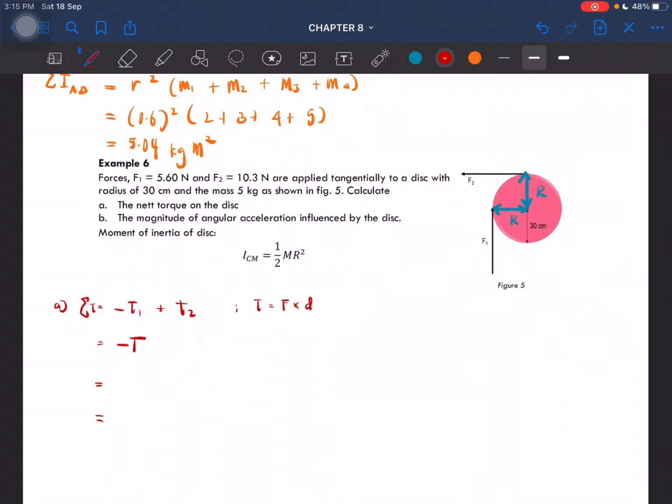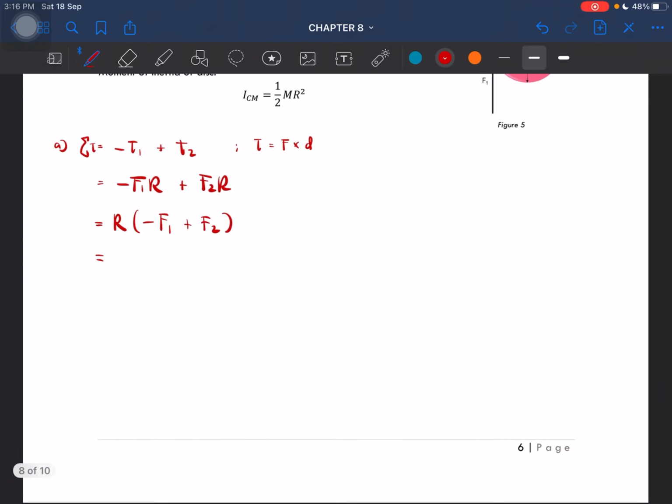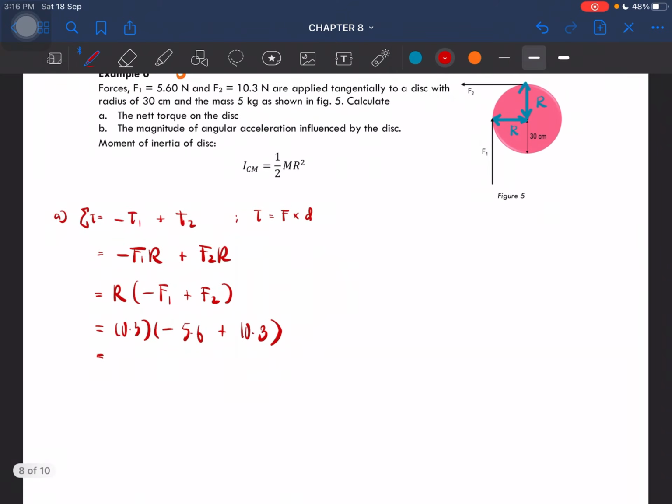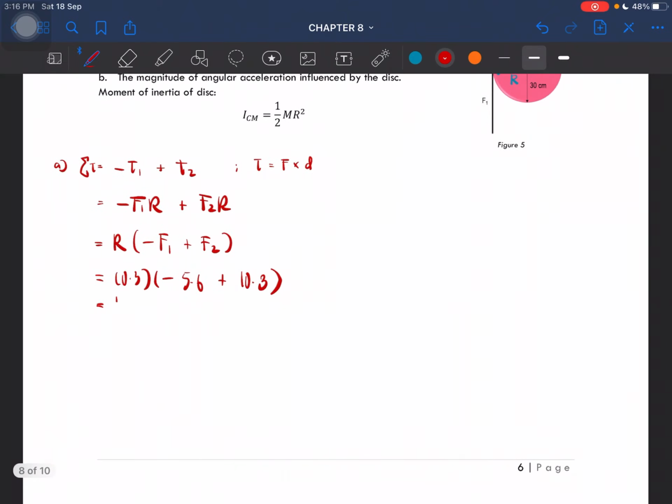And then this one is negative F1 R plus F2 R. Okay, so R outside, negative F1 plus F2. So this is 0.3 times negative 5.6 plus 10.3. So the net torque on the disc is then 1.41 Newton meter.